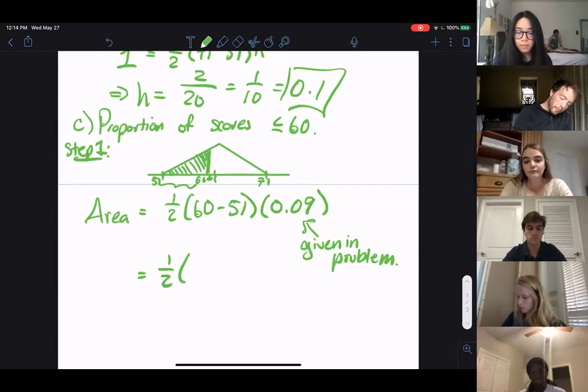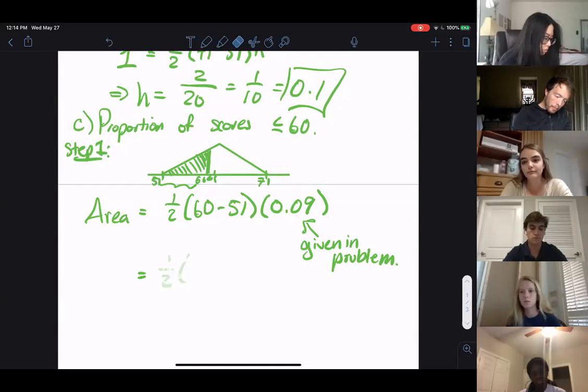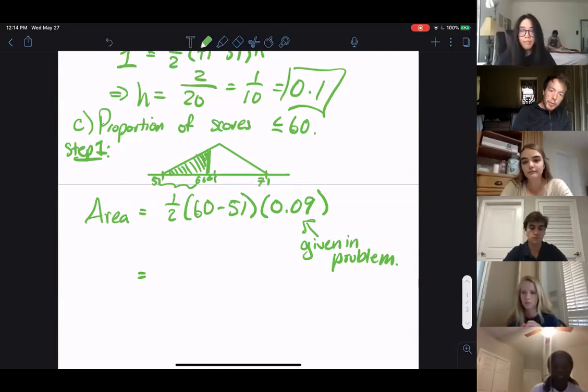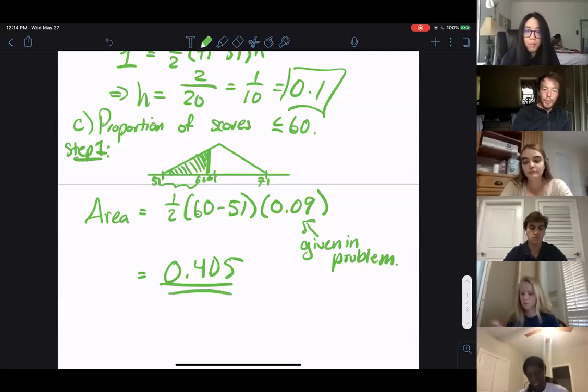Let's see what this is. If you do all these calculations out, it's equal to 0.405. Okay.